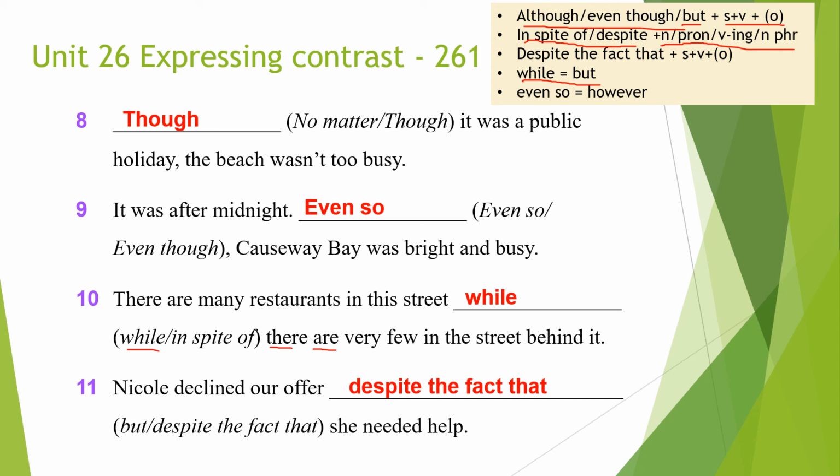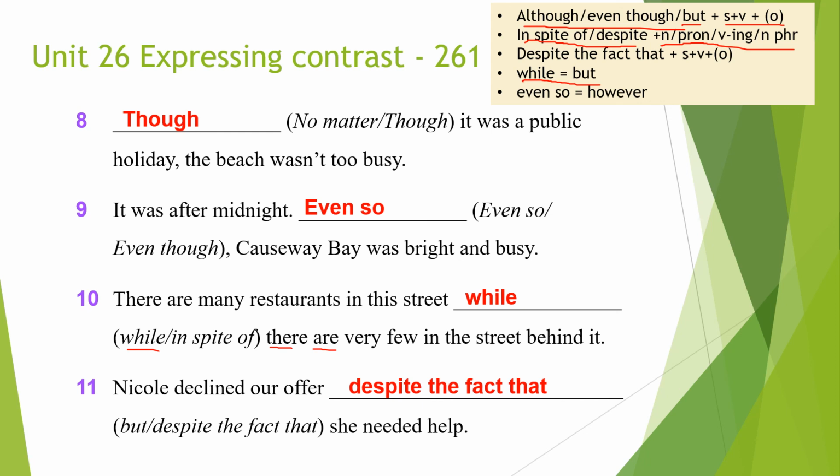Okay, number 11, "Nicole declined our offer." Decline means reject our offer, "but she needed our help" or "despite the fact that she needed help". So which one do we use? "Despite the fact that" means although, and is followed by subject, verb and object.